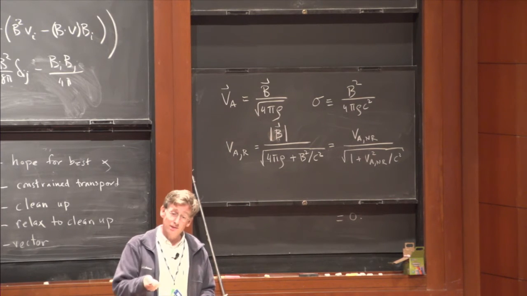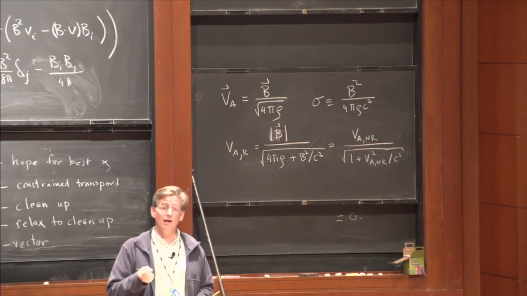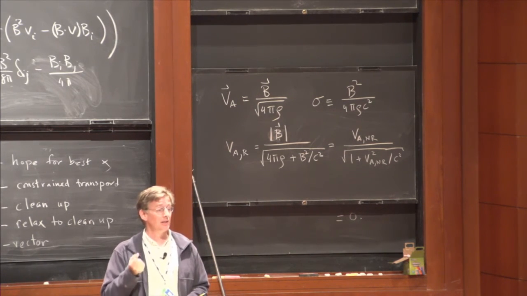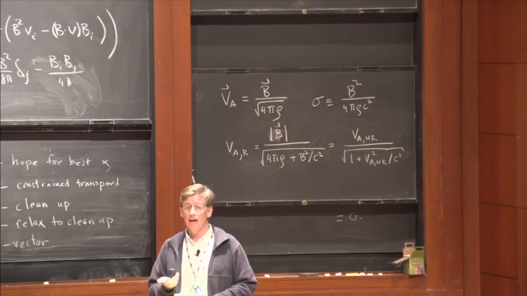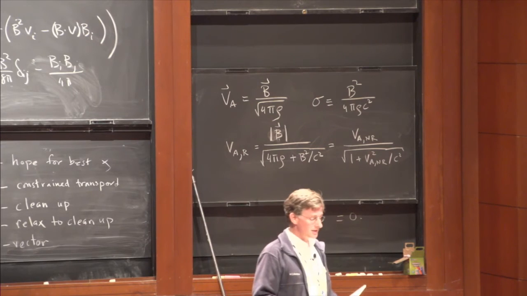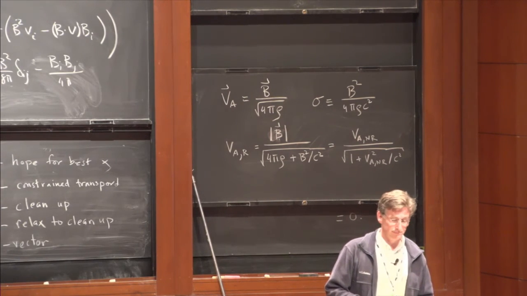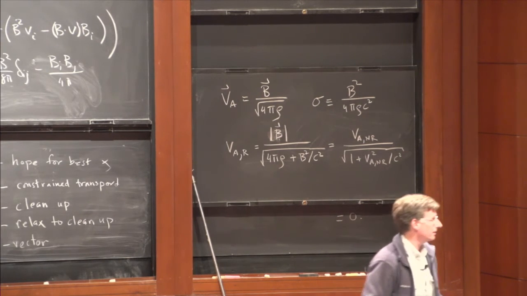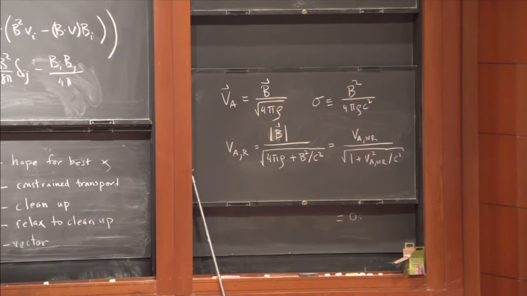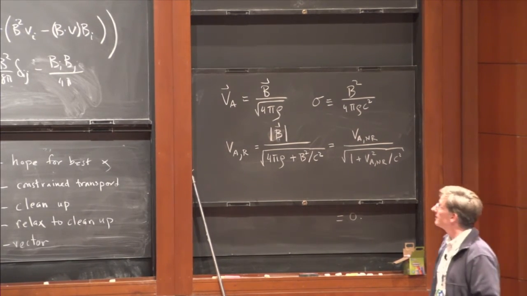And so when we try to extract small components from that, like the internal energy, we can make large order unity or larger errors. And there doesn't seem to be a good way around that. Okay, so I'm done with that piece.